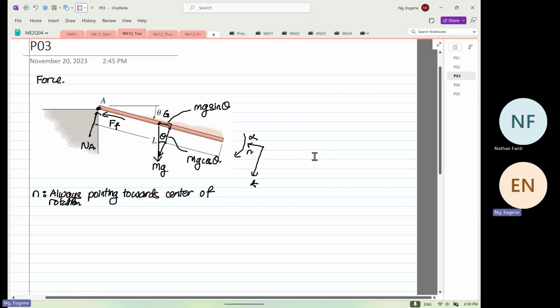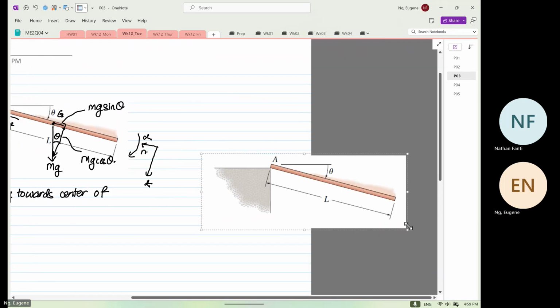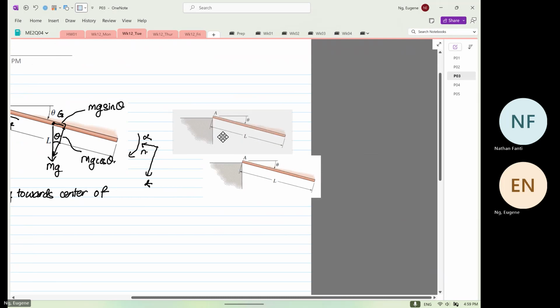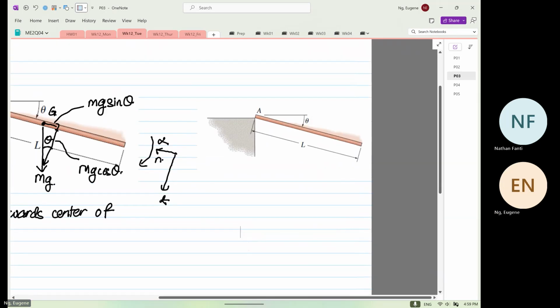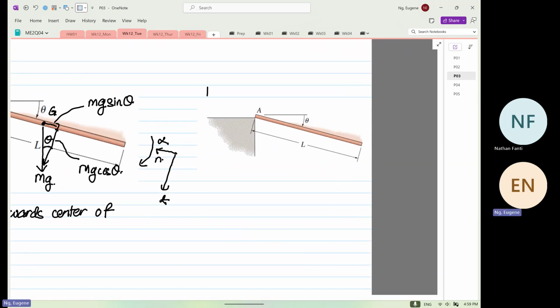Then the next thing we do, I can draw a bit smaller, is our kinetic diagram. Smaller does not mean it's not important. So this is our kinetic diagram. Same thing, this is our T, this is our N, and the center of gravity.